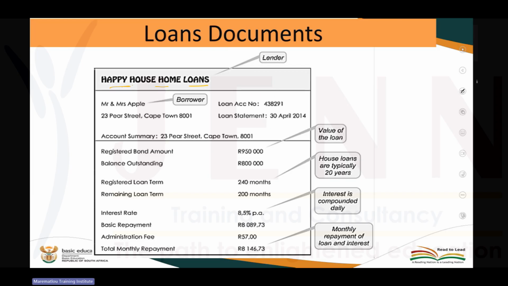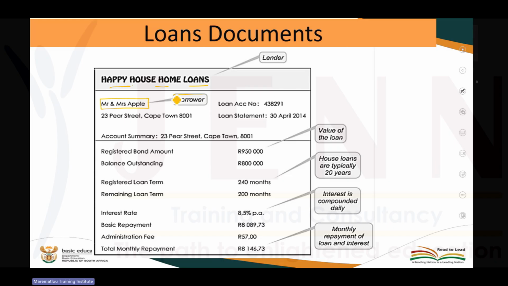Often when you buy a house and you are married in community of property, at times you decide that we are going to take what you call a joint bond, where the house will be under you as a couple. So in this case, it was Mr. and Mrs. April. They have borrowed the money from Happy House Home Loan.